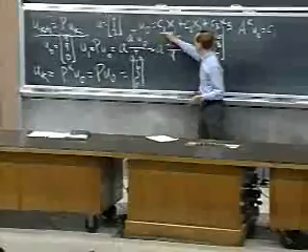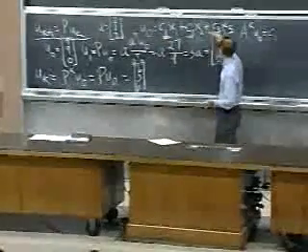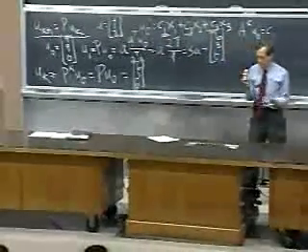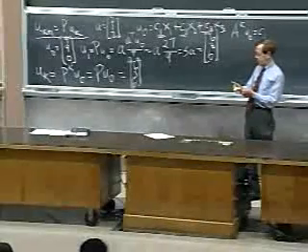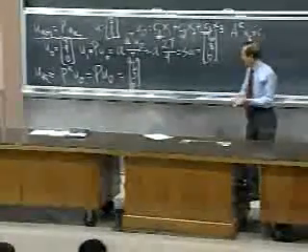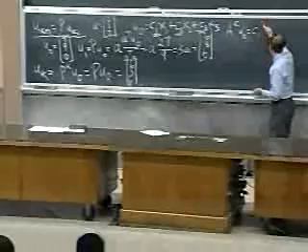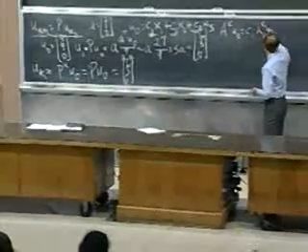We have to find these numbers here. That's the work, actually. The work is to find the eigenvalues, find the eigenvectors, and find the c's, because they all come into the formula.